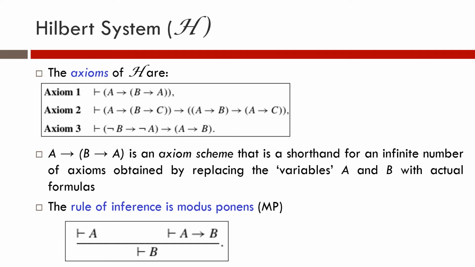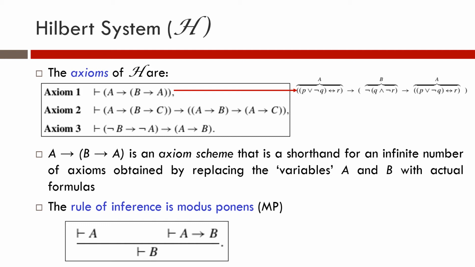So we can use any formula to replace A and B, like this. Here the formula p or negation q equivalence r is used to replace A, and B is replaced with the formula negation q and negation r.